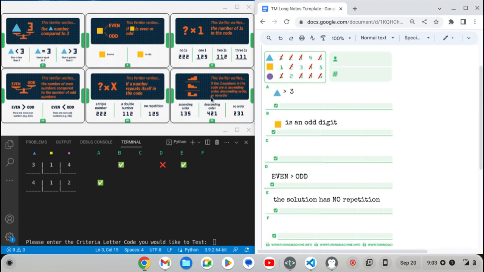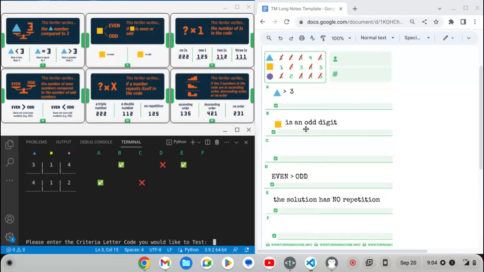Is there any way to deduce one or the other? If there's no order, it could be 4, 1, 2 or 4, 5, 2. If it's descending, it's just going to go straight down. So I think we're going to need possibly both. Let's test criteria card C.